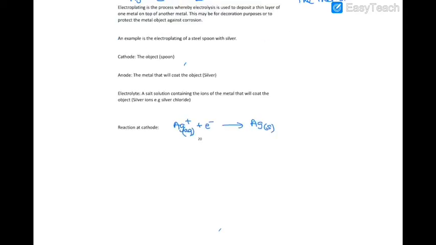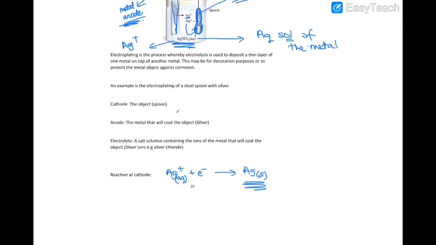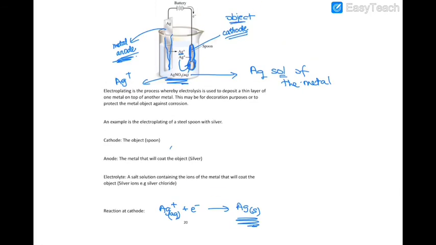So here at the cathode, you'll have Ag+ reacting with the electron giving Ag solid. It is this solid that is going to be coated on the object. And at the anode, you're going to have the solid silver forming Ag+ ions. So you have the oxidation reaction at the anode.